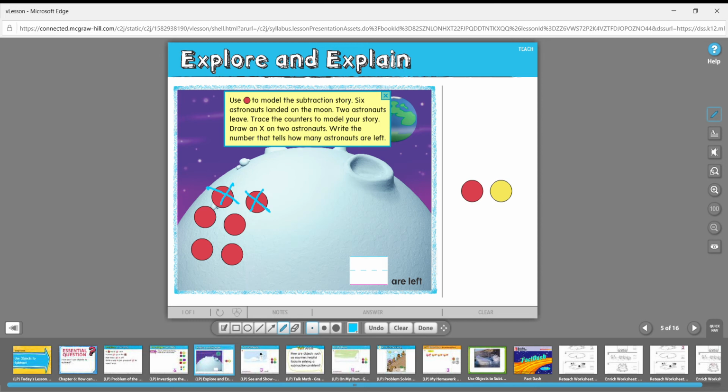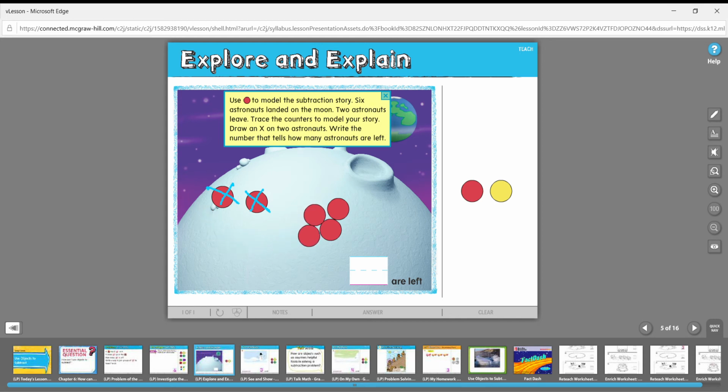Draw an X on 2 astronauts. All right, so we did that. We have the counters and we drew an X on 2 astronauts. Write the number that tells how many astronauts are left. So let's count them. 1, 2, 3, 4 astronauts are left. We write that number. Remember how to write it? Down, slide, right, and cut it in 2. Okay, 4 astronauts are left.